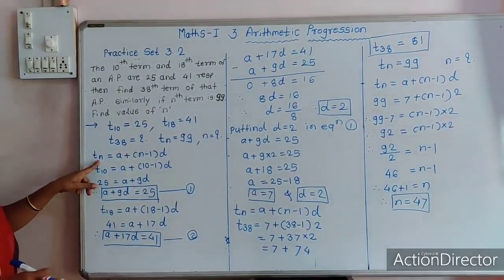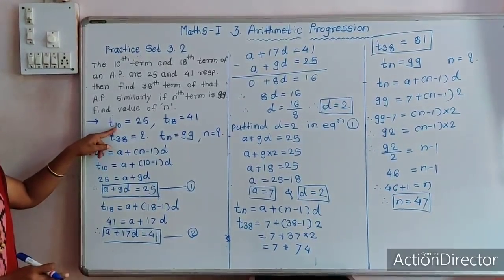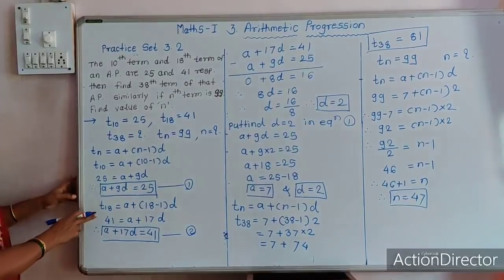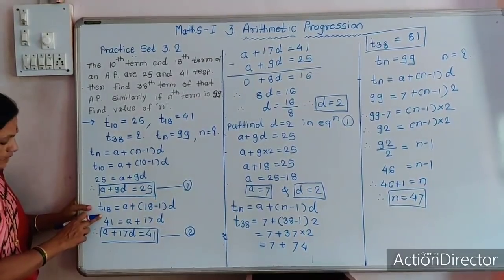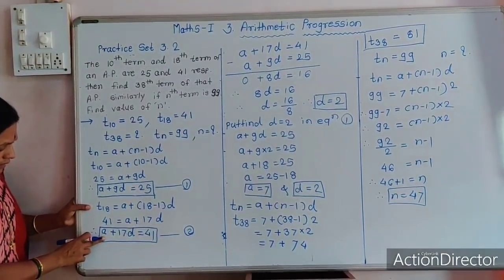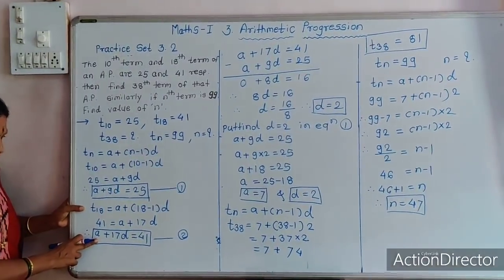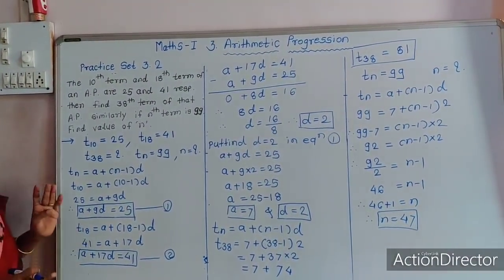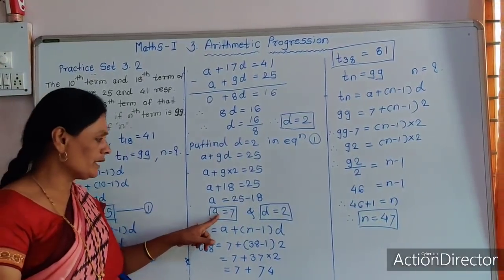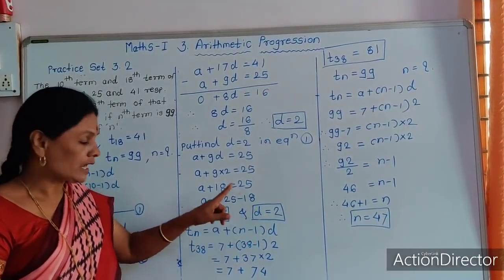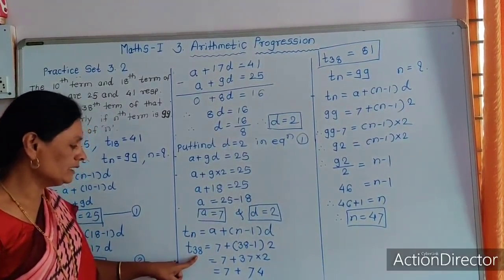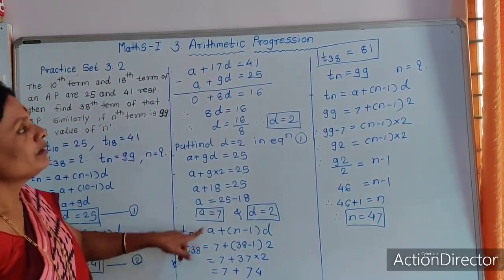From this formula we calculate T10, one linear equation, and from the value of T18 we get another linear equation, and after solving these two linear equations we get the values of A and D, and putting these two values of A and D we calculate T38.